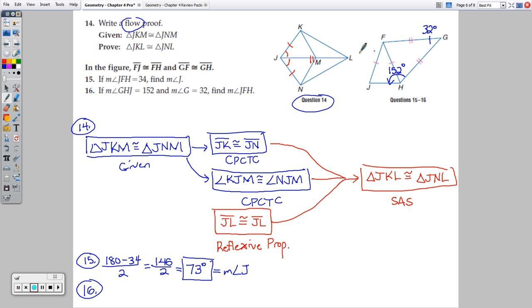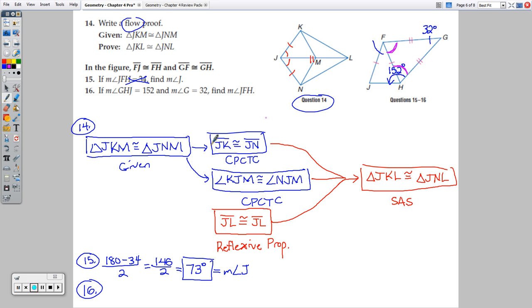So definitely aren't using that same thing. There would be nothing to figure out here if that was the case. So we're looking for this angle, not assuming that this is true now in 15 to start with 16. So if this is an isosceles triangle here and here, that means this one and this one have to be congruent right there and right there. The two purple ones have to be matching up or congruent. So this is 32.